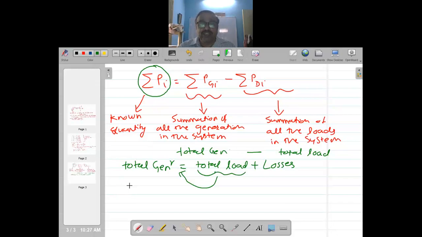So this indicates total generation minus total load is a known quantity which is equal to losses. So losses is a known quantity.